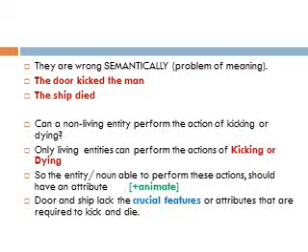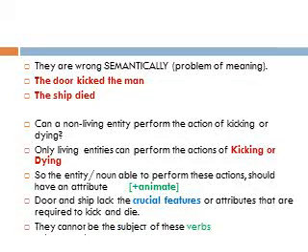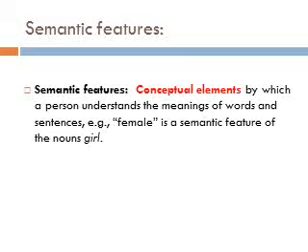So this leads us to discuss the definition of semantic features. Semantic features are conceptual elements by which a person understands the meanings of words and sentences. Like female, for example, is a semantic feature of the noun girl.